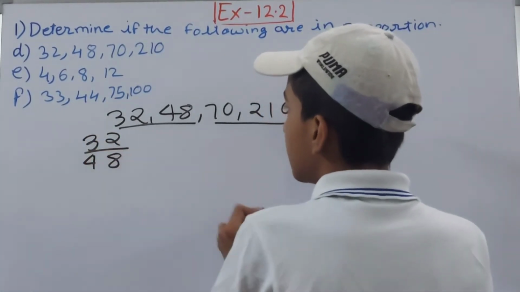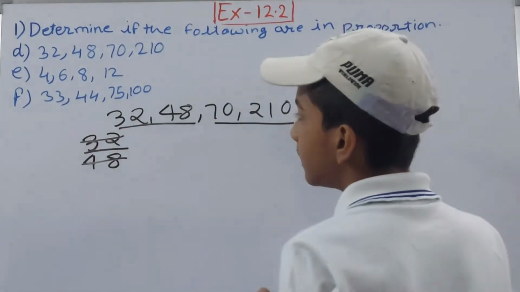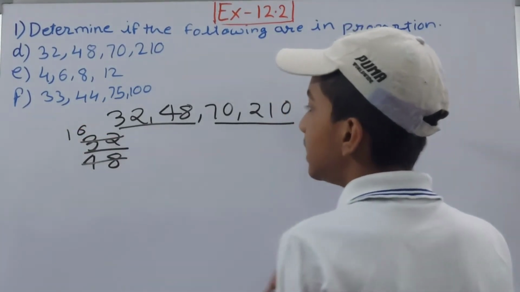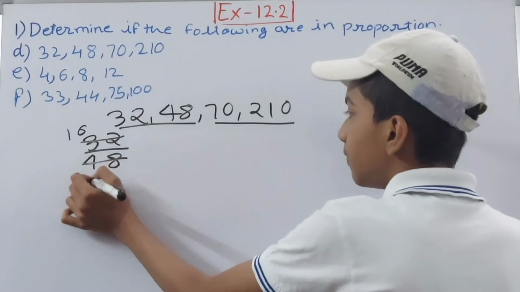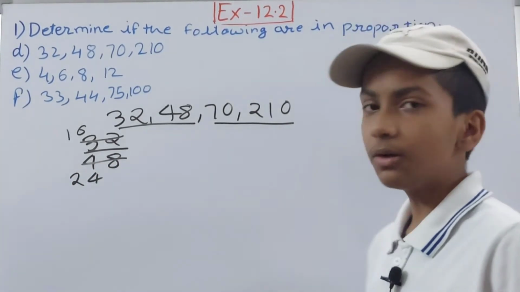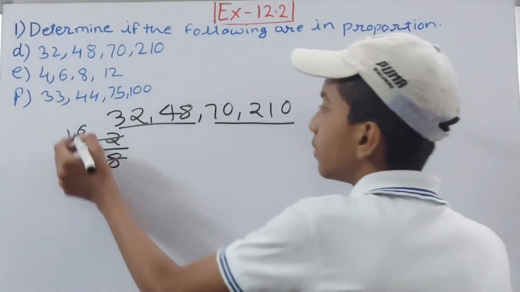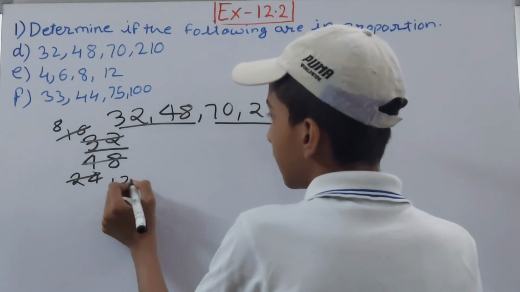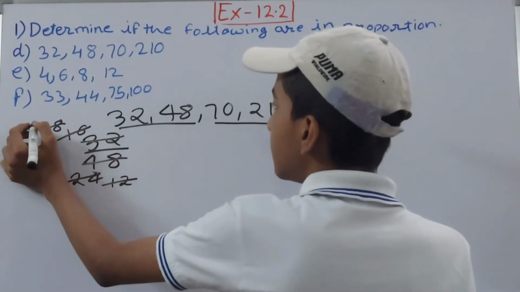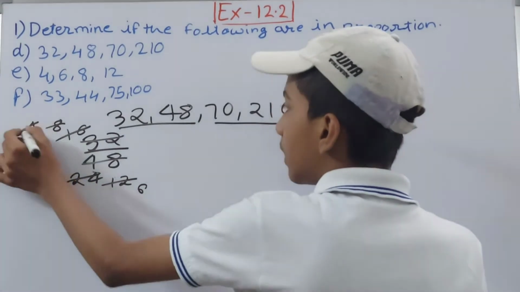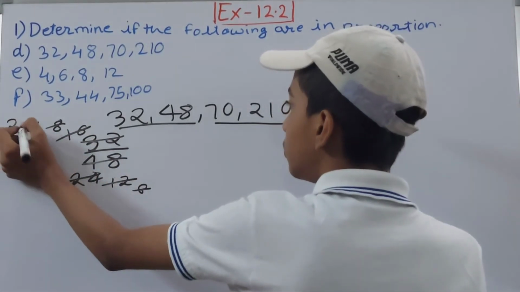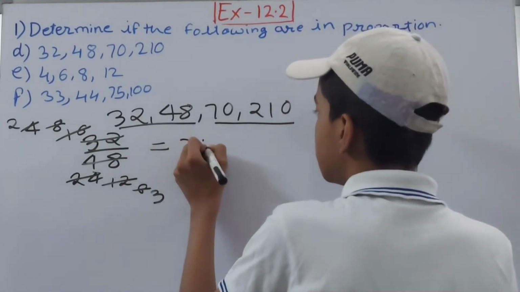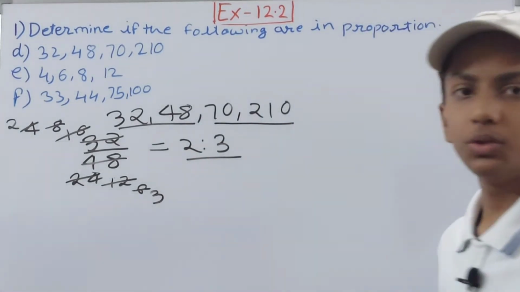By 2 I will first simplify this, so 16 upon 24. Now further by 2, so 8 upon 12. Now again by 2, 4 and 6. Again in the last by 2, so 2 and 3. So this finally becomes 2 is to 3.